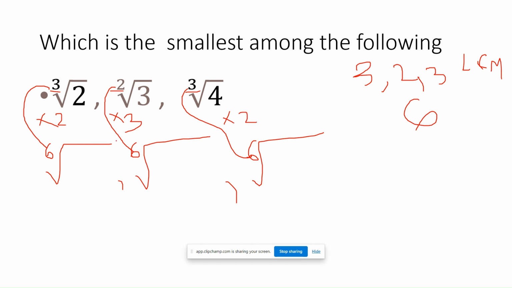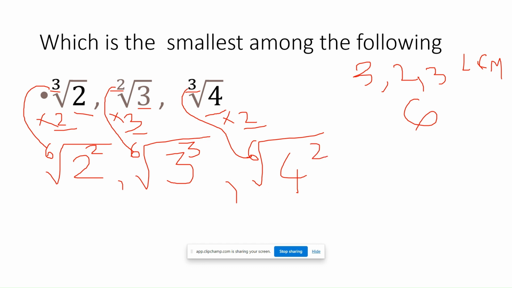Now, what you should do? Write 2 to the power of this 2. For this 3, 3 to the power of this 3. Now 4, 4 to the power of this 2.